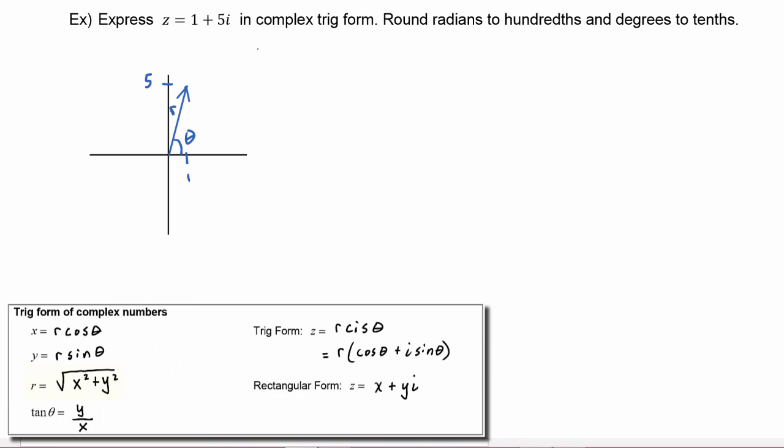Using our definitions, we know r is equal to the square root of x squared plus y squared. So that's going to be the square root of 1 squared plus 5 squared. So that will be the square root of 26. So now we know what r is.